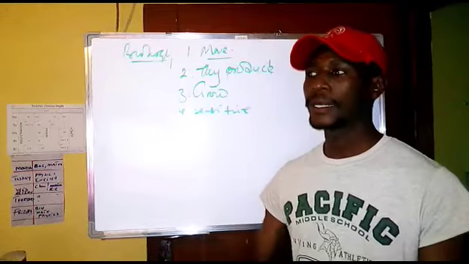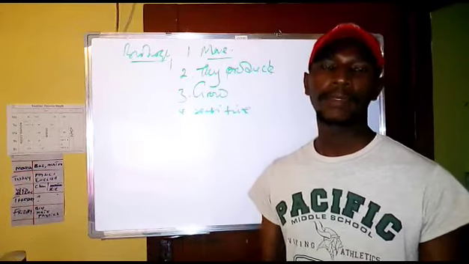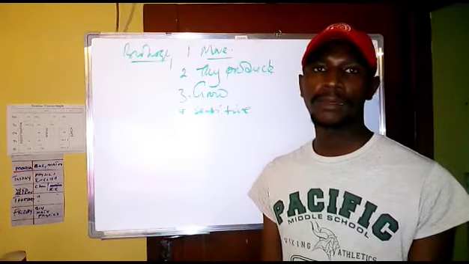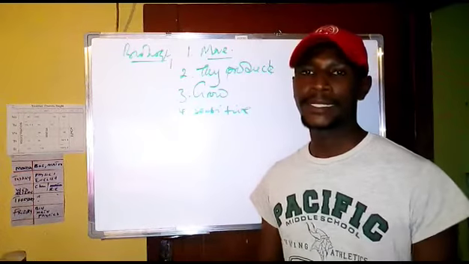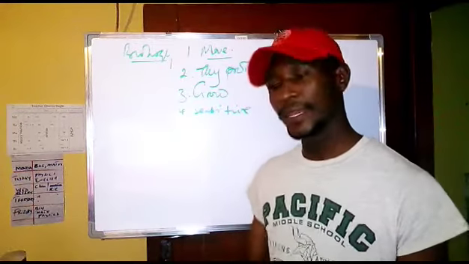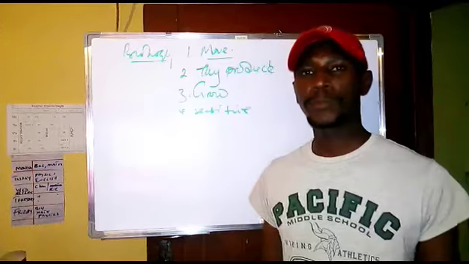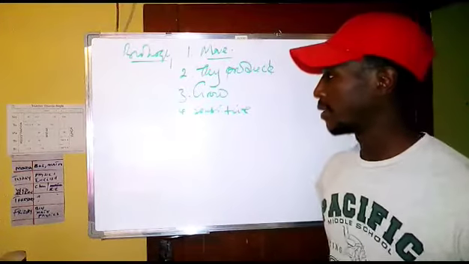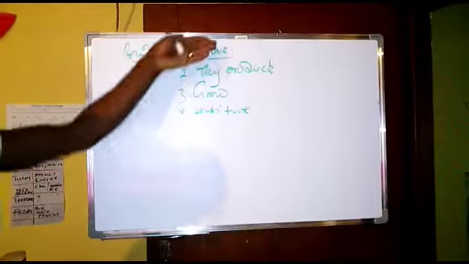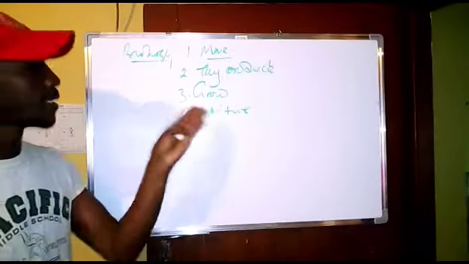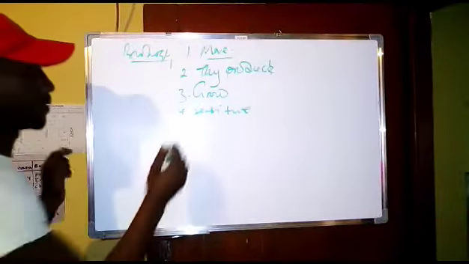So for something to be called living, it should be able to respond. They are sensitive. A stone cannot respond no matter how much you hit it. But if you hit a living thing, of course you expect an animal to respond to that change in the environment. Movement, reproduction, growth, and sensitivity.